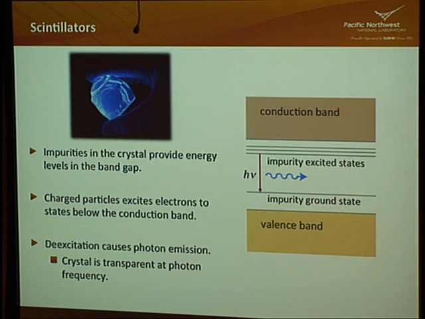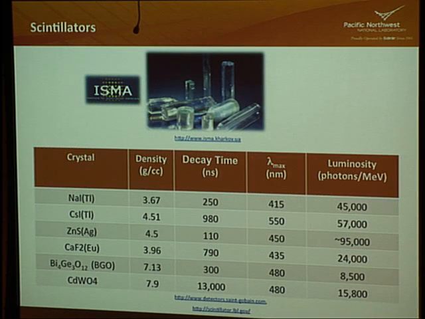You can imagine that now you could have a charged particle that's going to excite atoms within this crystal and also give off light. There are a number of scintillators, literally hundreds, that are available for different applications.